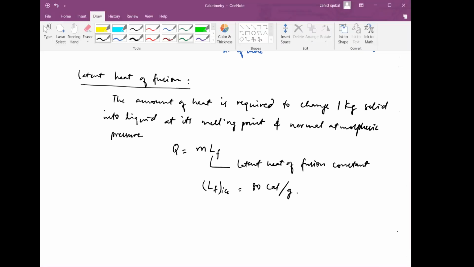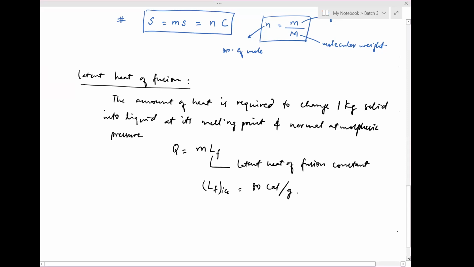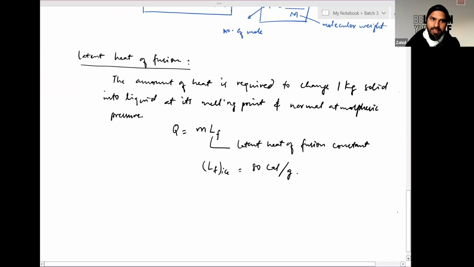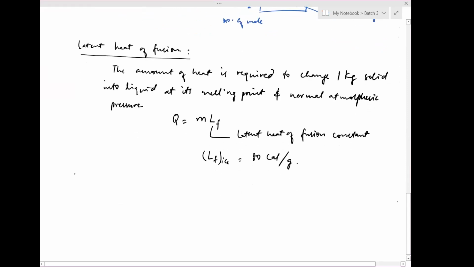Similarly, we may define latent heat of vaporization.